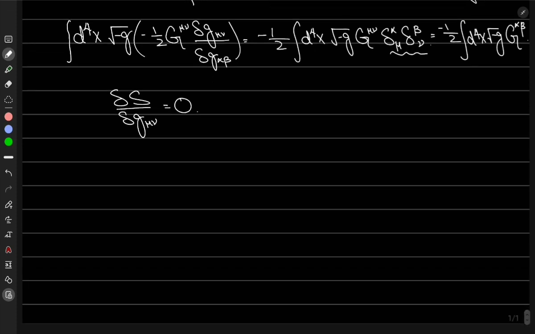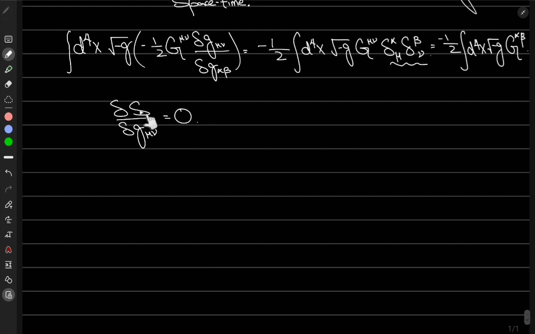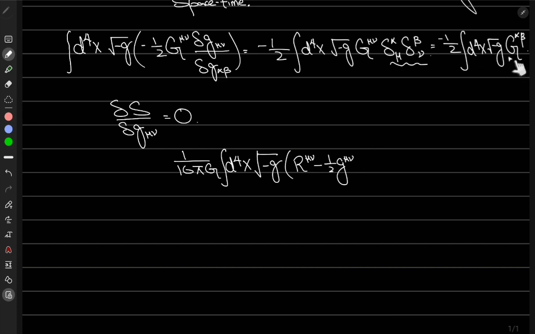And once I do that, what I get is, so this is the variation of action with respect to g mu nu, I'll get 1 over 16 pi G integral of d4x square root of minus g times R mu nu minus 1 by 2 g mu nu, this thing. This Einstein tensor, I'm just expanding it and writing it down over here, and times R, right?